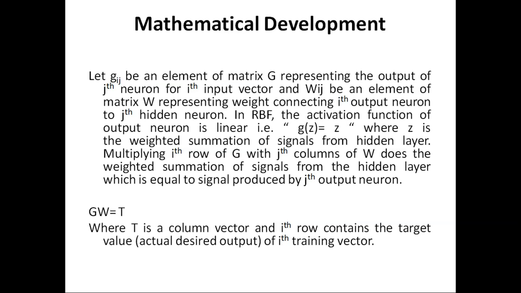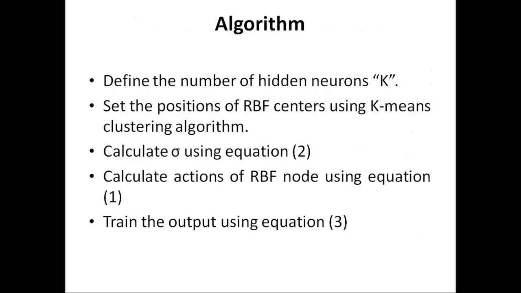Then multiplying the ith row of G with the jth column of W does the weighted summation. Then one is the G and one is the W, and G into W, this altogether we call t. What was the net in the previous cases? Okay, t is the column vector, and it is to be processed by that function.